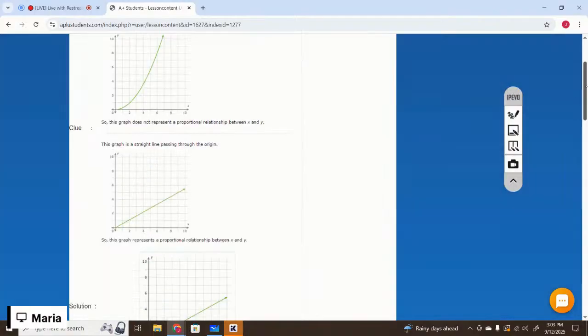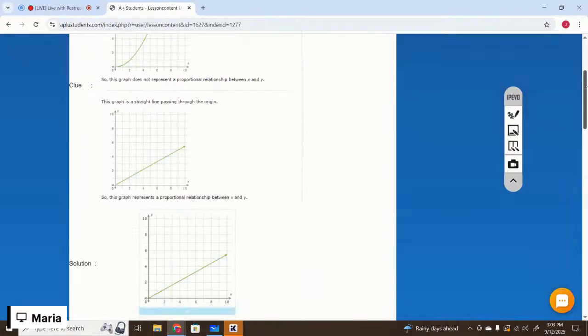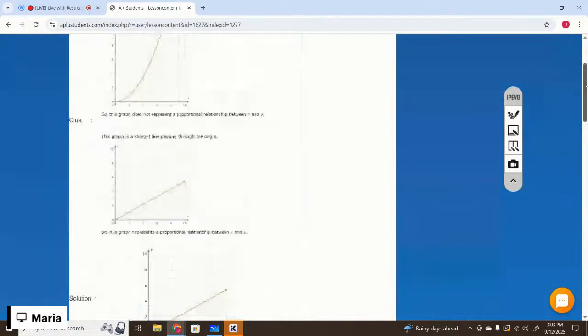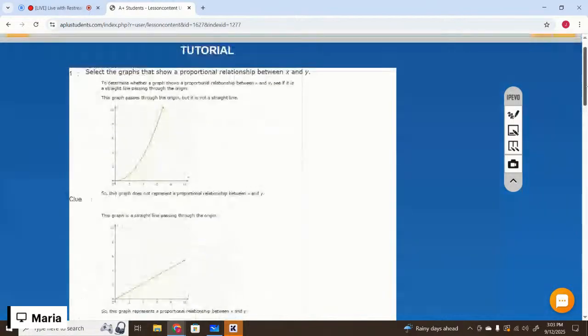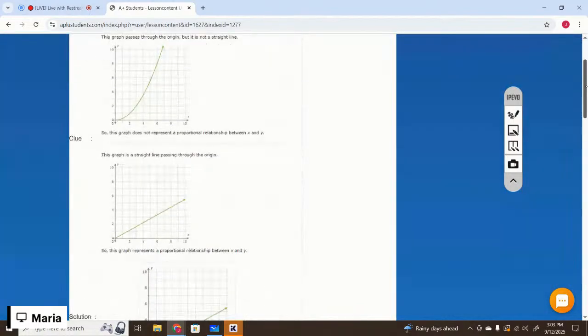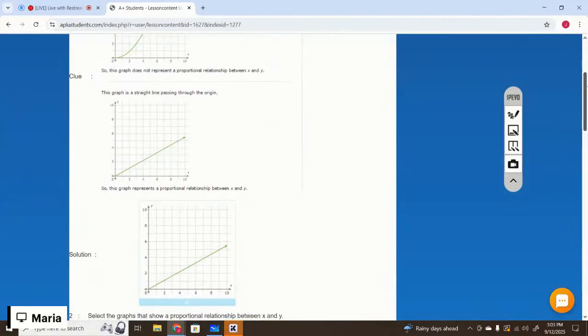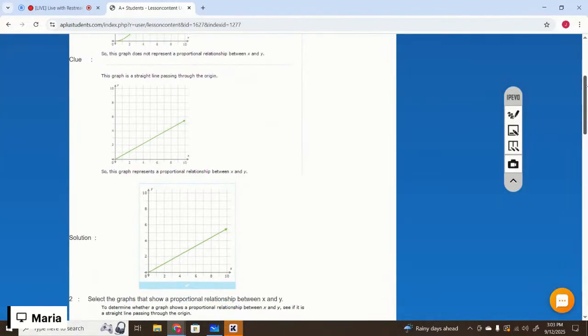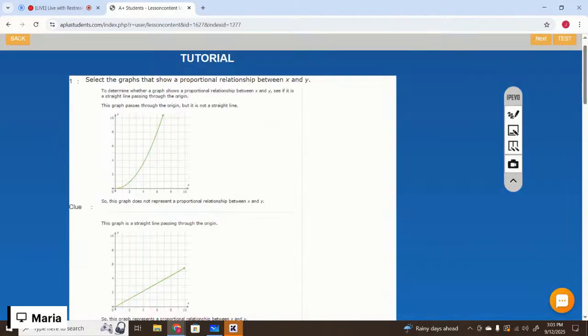So proportional relationships are the ones where x and y values are related. To determine whether a graph shows a proportional relationship between x and y, see if it is a straight line through the origin, right?